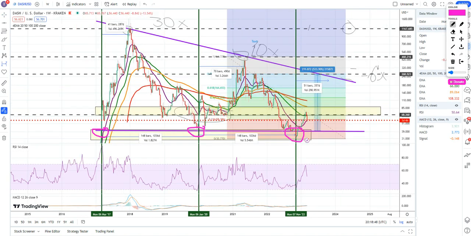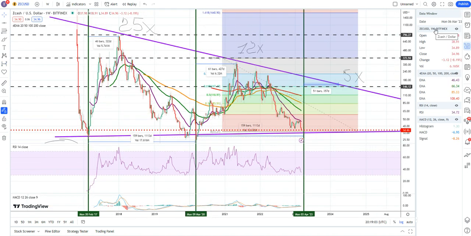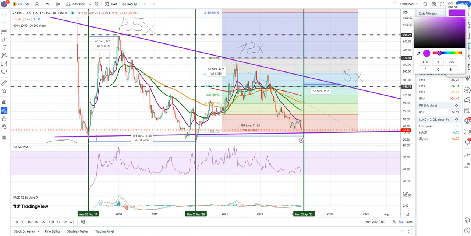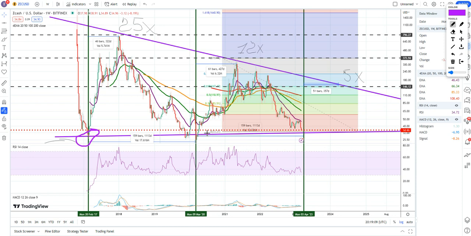When you look into Dash, the day the cycle completed was in November 2022. But this is not the case for Zcash. Its cycle is not yet completed.